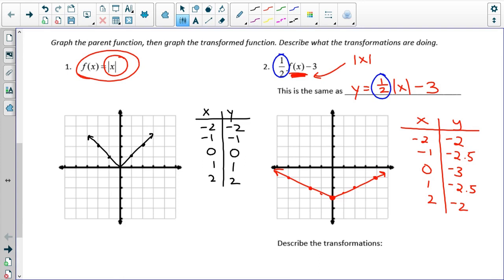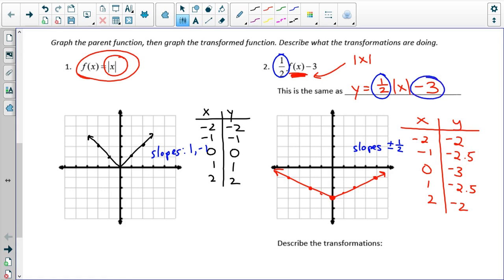So essentially what happens is if I had a normal graph, the slopes were 1 and -1, depending on which side of the V I'm on. Over here, the slopes were 1/2 and -1/2, so plus or minus 1/2. So that means I had a vertical shrink by a factor of 1/2.